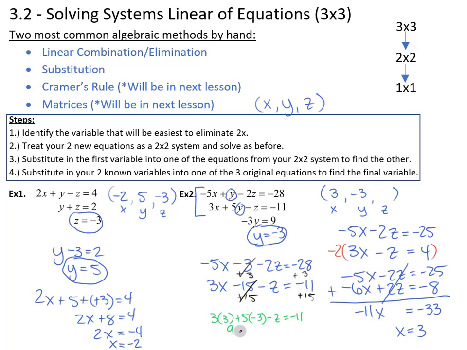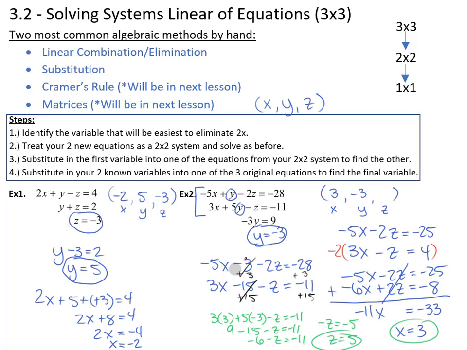So this becomes 9 and negative 15. 9 minus 15 is negative 6, minus z equals negative 11. Add 6 over, we would get negative z equals negative 5. And dividing by negative 1, we get z equals 5.